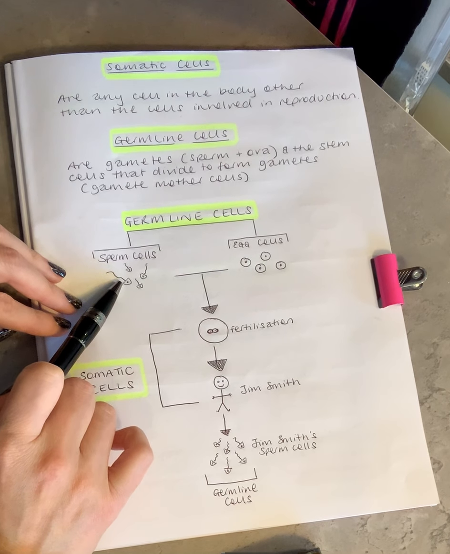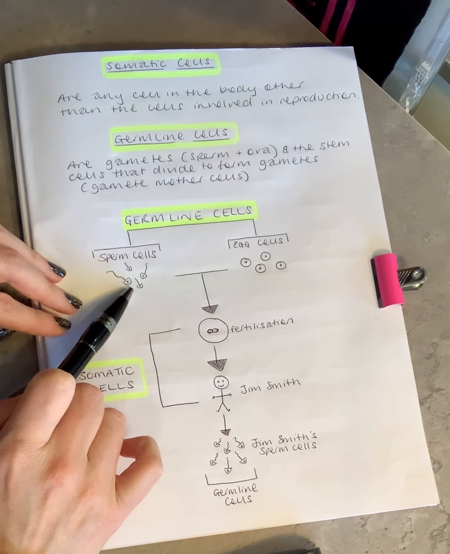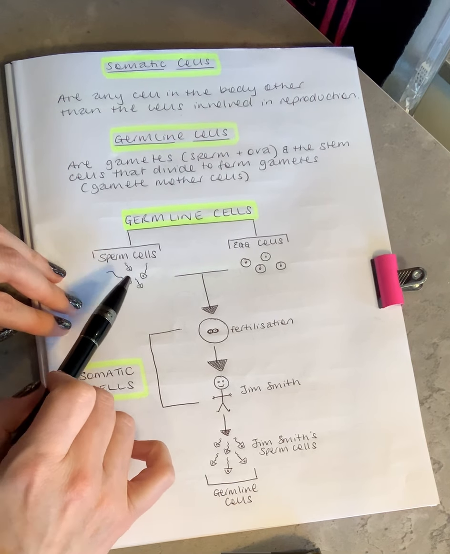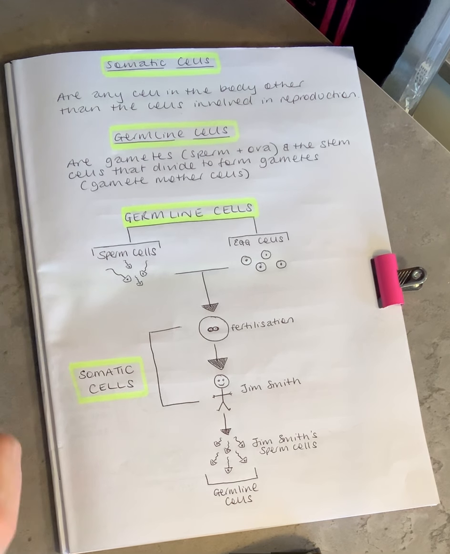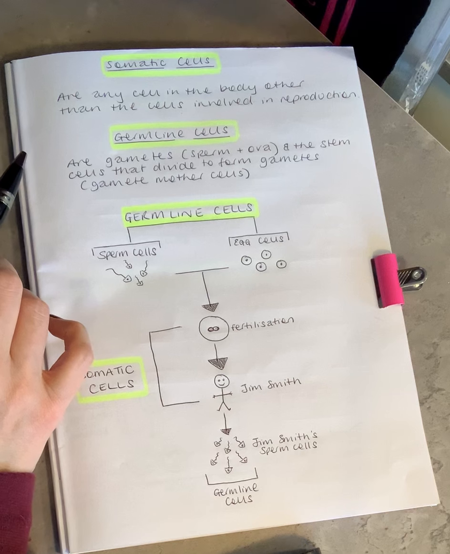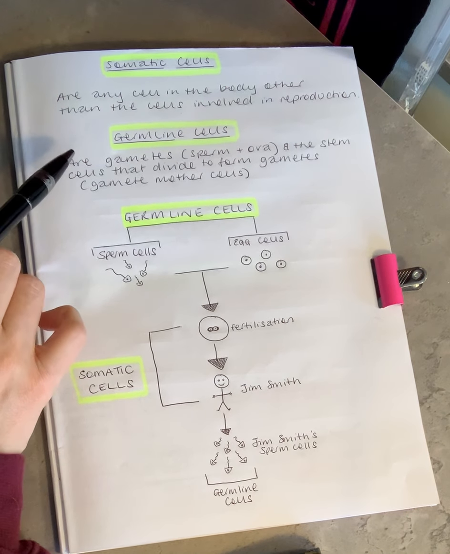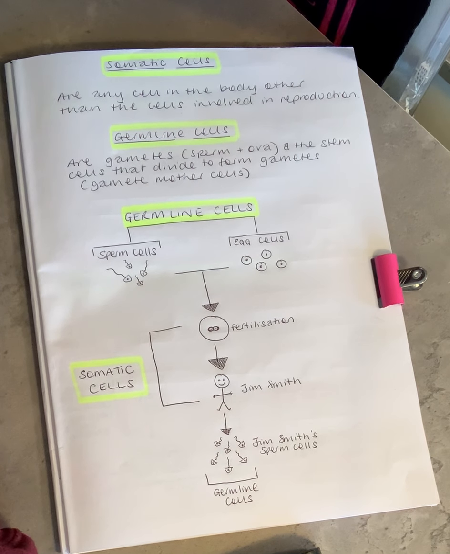However, that structure and that function is different, so it's differentiated, to, say, a liver cell or a cardiac cell, i.e. a heart cell, all right? So the big thing is that when we talk about somatic cells, we're talking about every other cell in the body apart from those egg cells or sperm cells. And we'll get on to the difference in cellular division between these two types of cells later on as well.